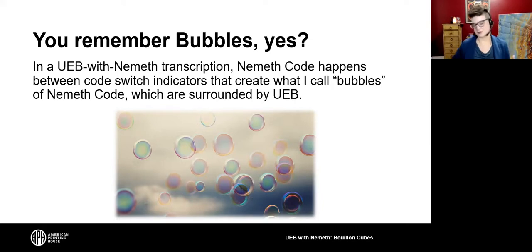I would name a golden retriever puppy Bubbles. But bubbles, for our purposes, means that in a UEB with Nemeth transcription, the Nemeth Code happens between the code switch indicators that we've gotten pretty cozy with now. Between those code switches, what happens there is what I call a bubble of Nemeth Code, and that's surrounded by the UEB context.